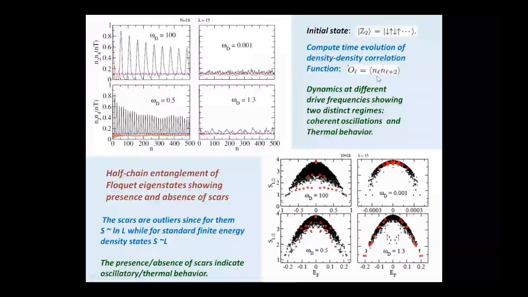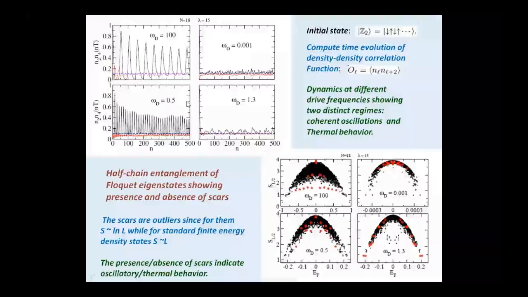We take one Rydberg atom at site 2 and another at site L+2, which is 4 for us, and study this correlation function as a function of stroboscopic time, that is the number of cycles. Since we are doing Floquet physics, we can only study stroboscopic times, that is, integer multiples of the drive period. So here is the behavior at different drive frequencies.